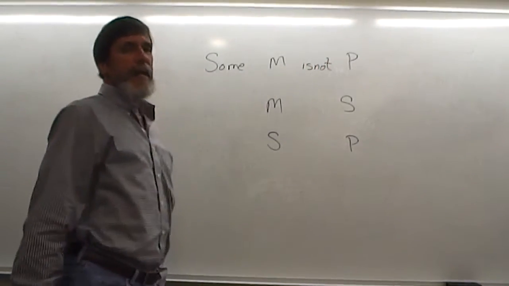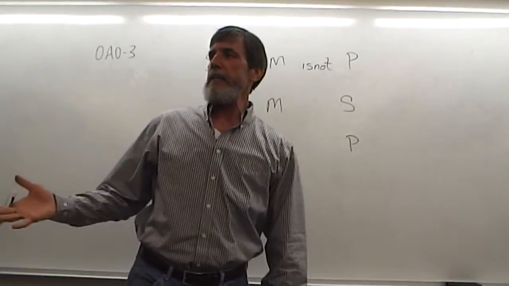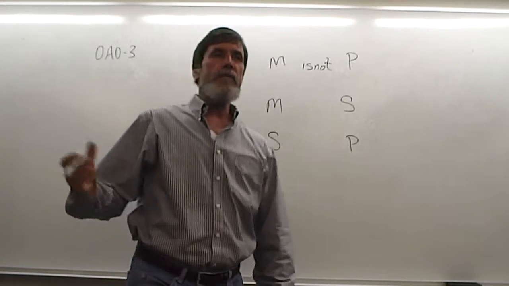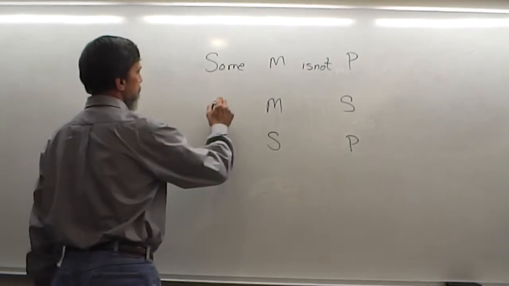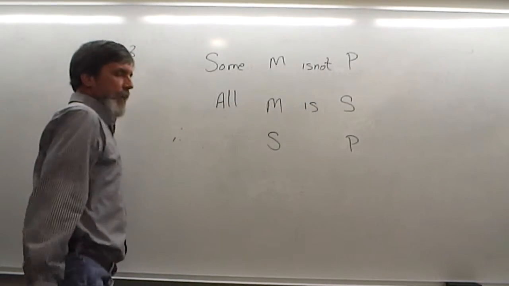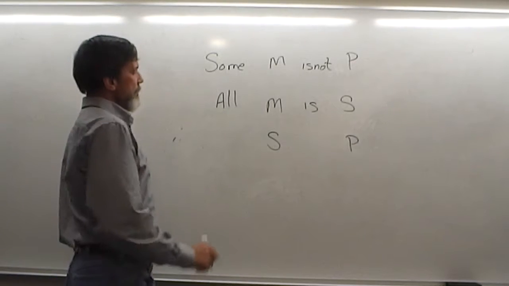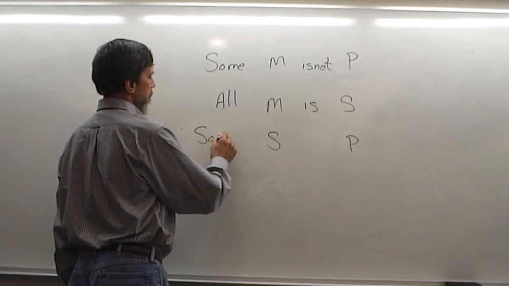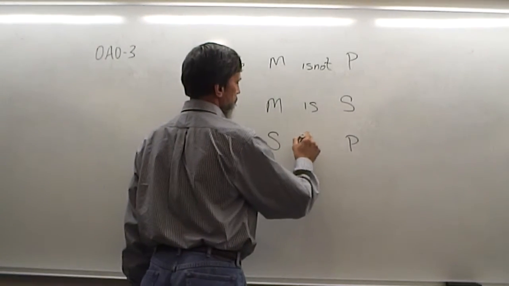Our minor premise is an A proposition. Quantifier is all, copula is. Our conclusion is also an O proposition, so our quantifier is some, copula is.